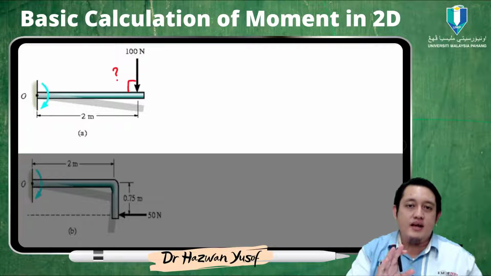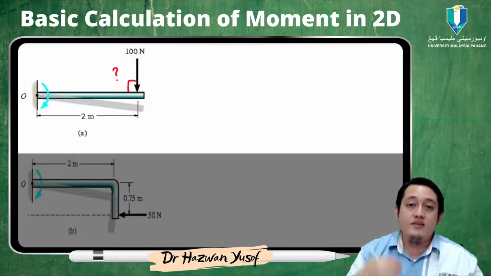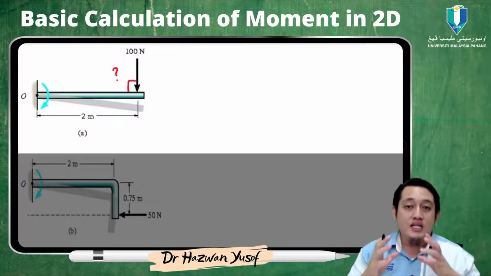But before that, we need to determine which rotation is supposed to be positive rotation. Why is it important? Because now we've learned about one force only. After this we will have multiple forces on a body. In that kind of situation, we need to make sure which force will create a positive rotation, and which force will create a negative rotation.